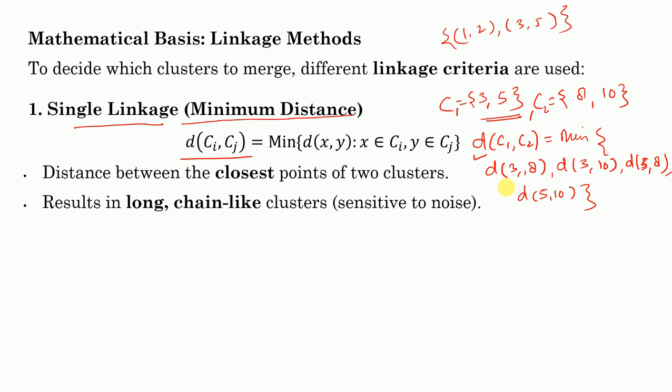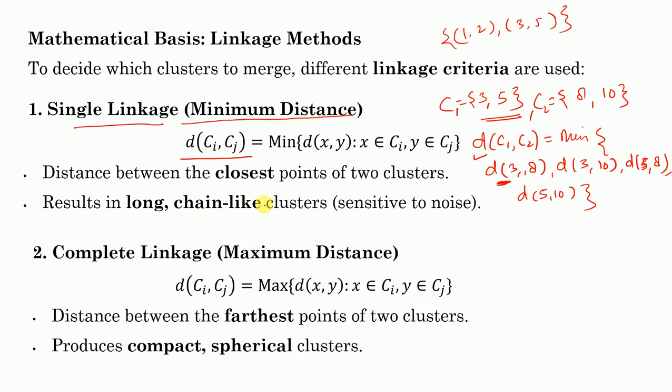Clear? Now, as I told you, for this calculation of distance, you can use Euclidean distance or Manhattan distance. This is your choice. Generally I prefer Euclidean distance. The next method is complete linkage, maximum distance. In place of minimum, here we have to select the maximum. It depends on which methodology you use, single linkage or complete linkage.